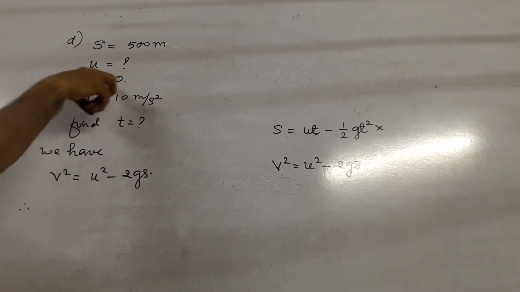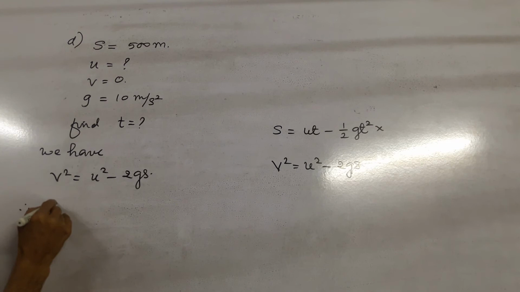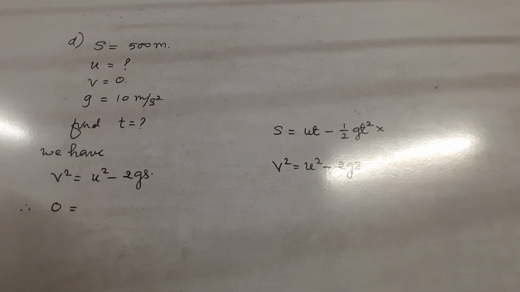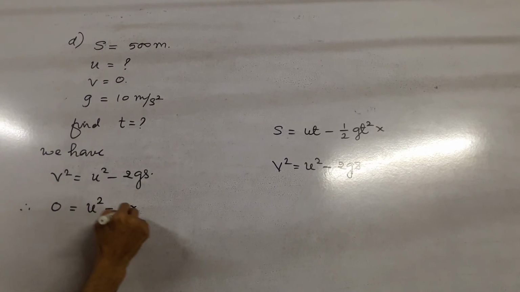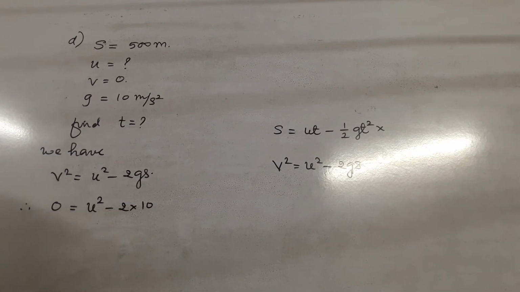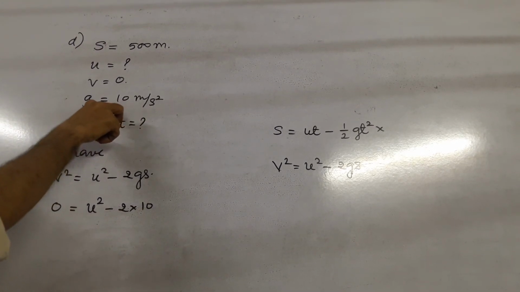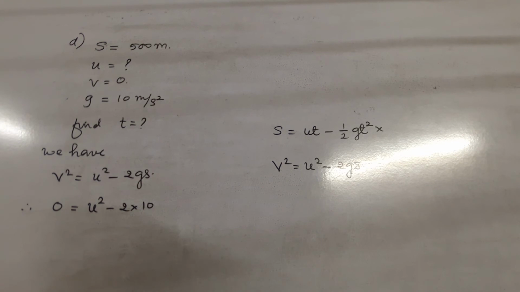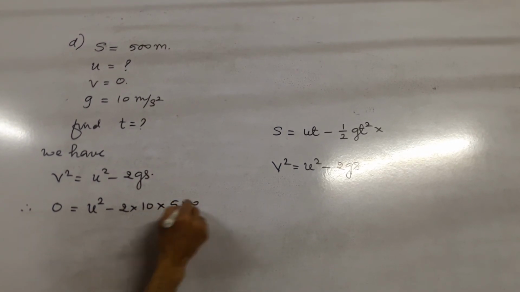Achha, the final velocity will become 0. So here final velocity v is 0, so 0 square is 0. u square, we do not know, so write u square as it is, minus 2g. The value g is given 10. So instead of 9.8, they have already given 10, very close to 10, for the sake of calculation, into s 500.